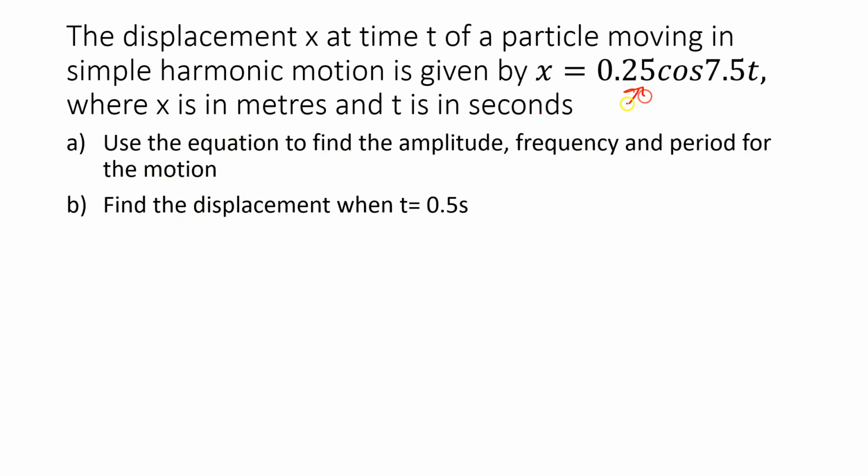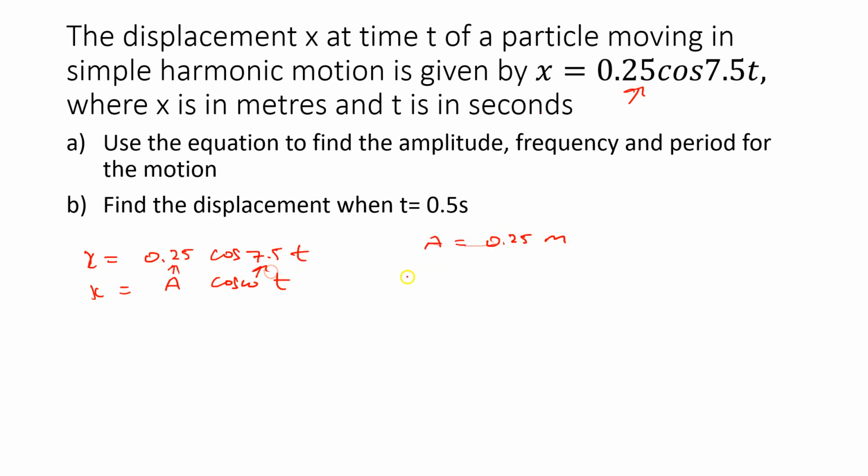So by looking at this equation, x is equal to 0.25 cos 7.5 t. Now, obviously, this reflects the equation x is equal to A cos omega t. By just comparing the things here, A is going to equal 0.25 meters.